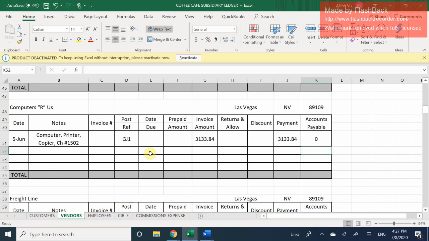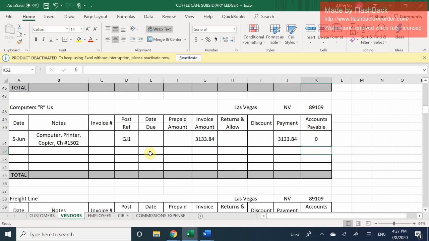Now, what's good about having this vendor list? You know who you buy from. Exactly. It keeps track of who you buy from and who you owe. Yes. But one thing you can do here is, what if the next day I decided to return the computer, or return the copier, because I said it's too expensive?